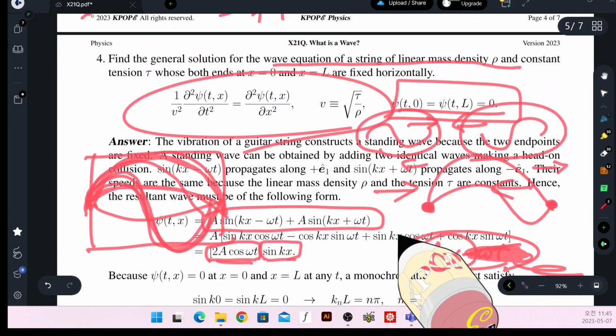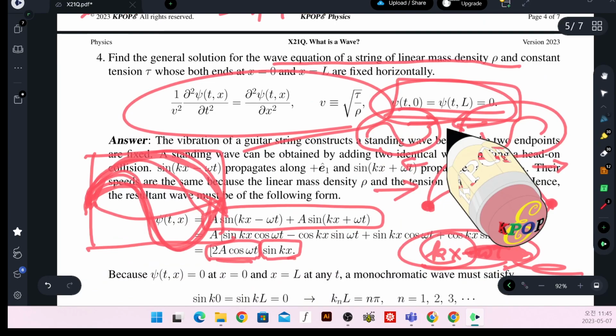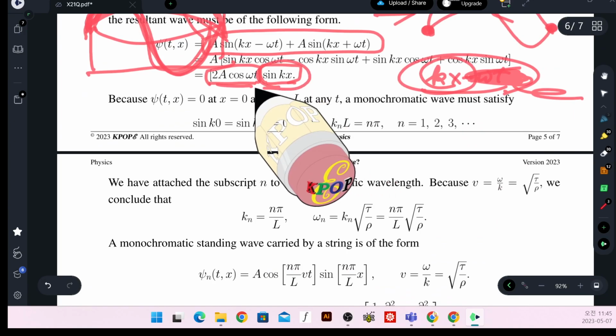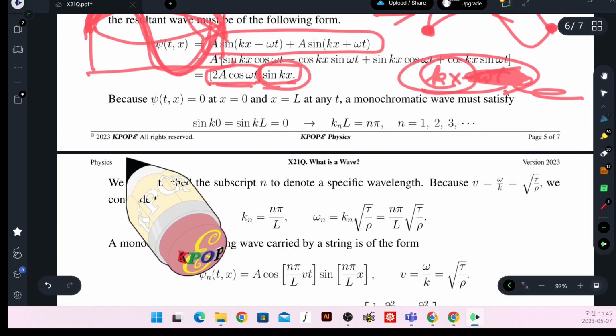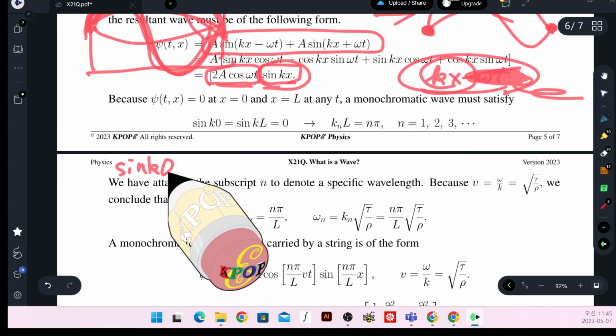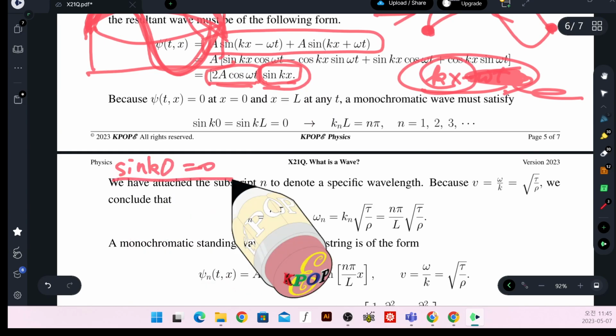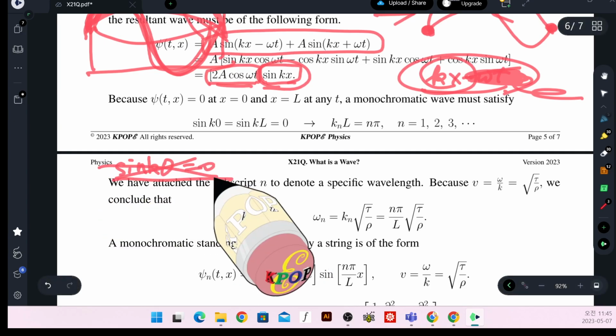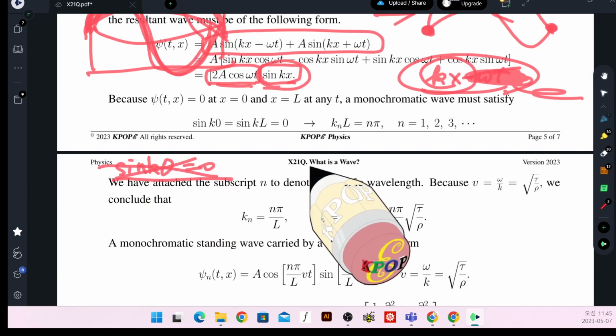We require these boundary conditions. According to this, I can declare that sin k of 0 equals 0, which is always trivial. In any case, it is 0, and it does not give any further information.